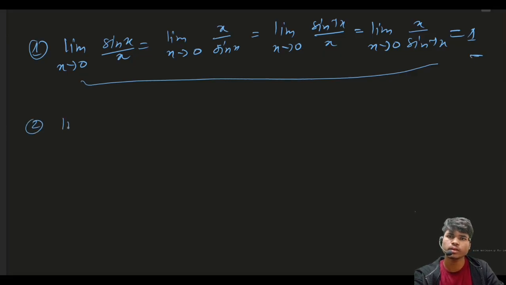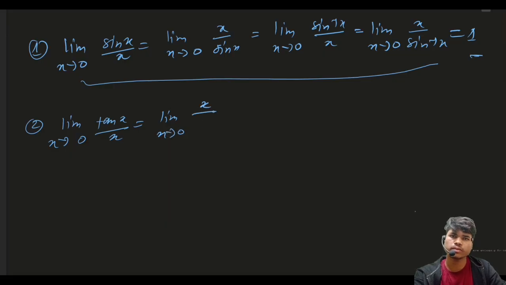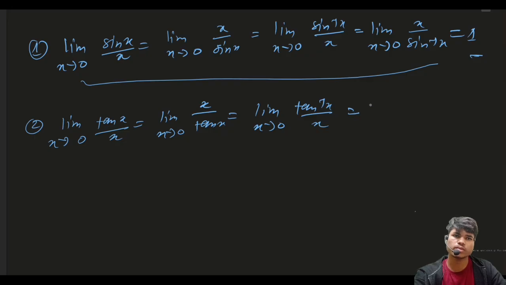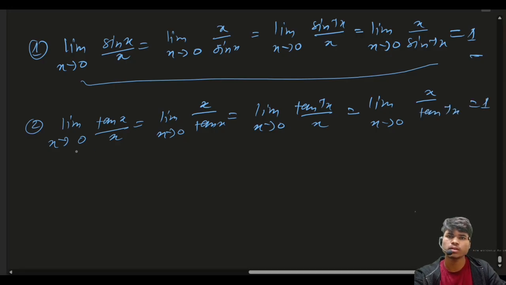Second, limit x tends to 0 tan x divided by x equals limit x tends to 0 x divided by tan x equals limit x tends to 0 tan inverse x divided by x equals limit x tends to 0 x divided by tan inverse x equals 1.